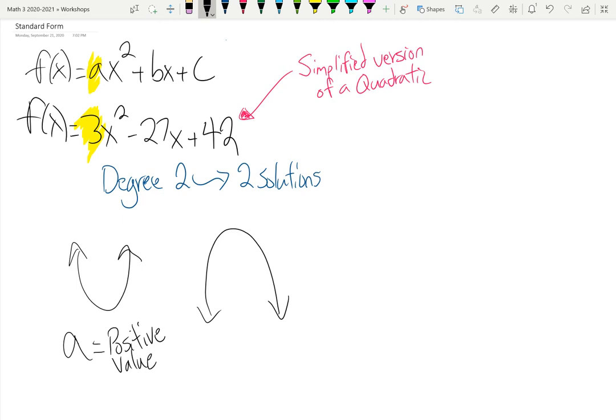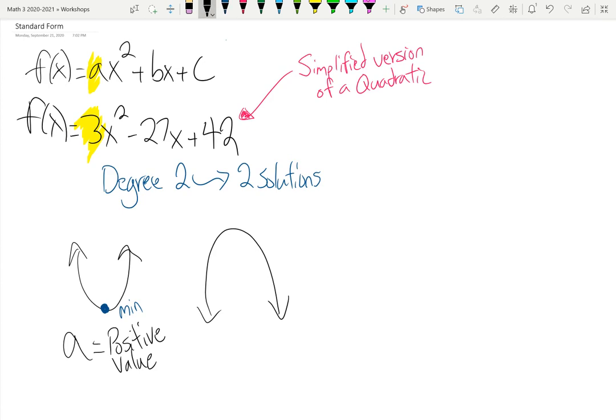Notice when it is concave up, there's a smallest point in the center that directly cuts it into two symmetric pieces. This is called the minimum. The vertex here is a minimum because it is the lowest point on this quadratic.